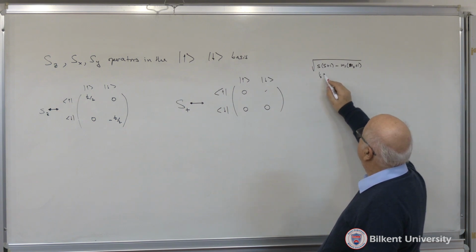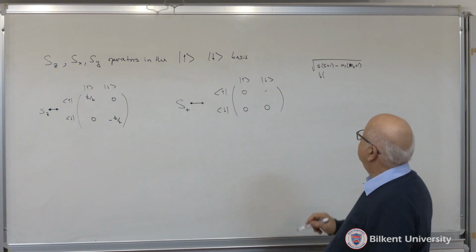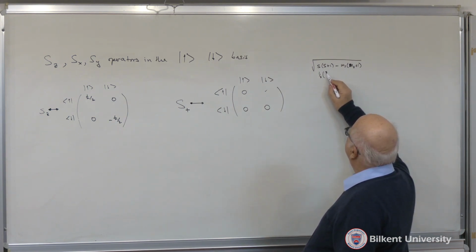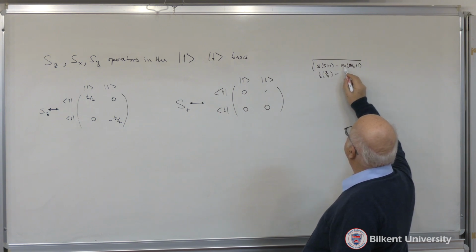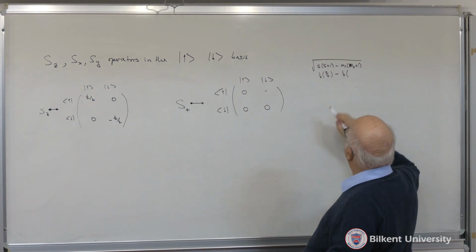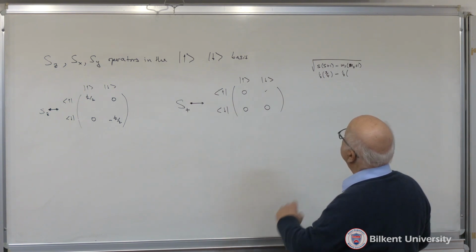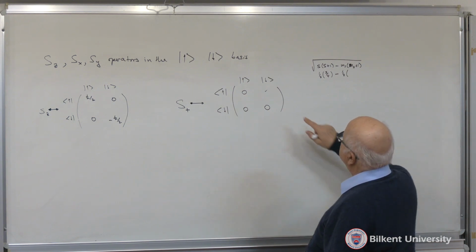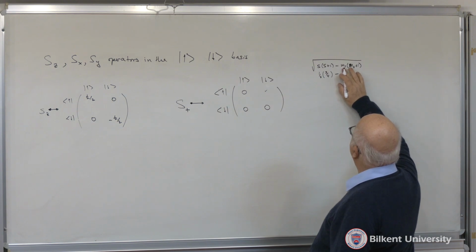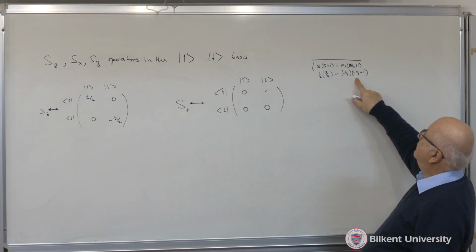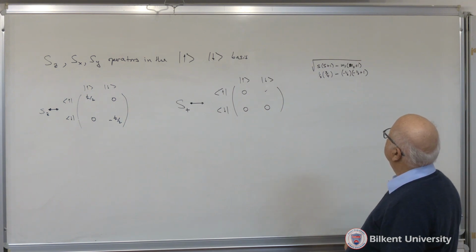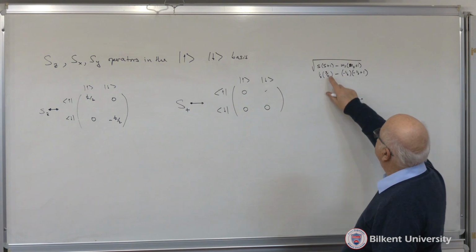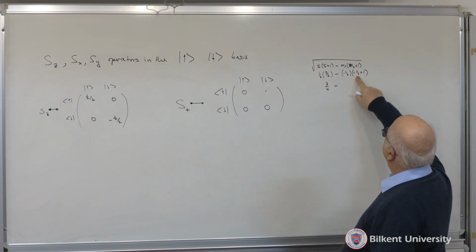Square root of 3 over 4 minus, for the lower one, ms equals minus a half, so minus 1 half times minus 1 half plus 1, which is minus 1 over 4.